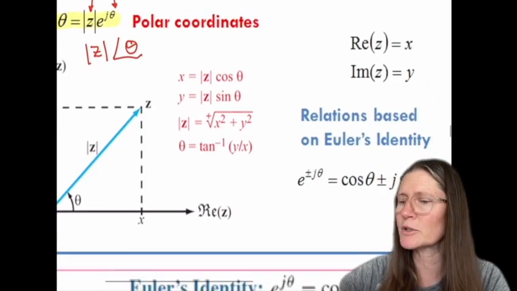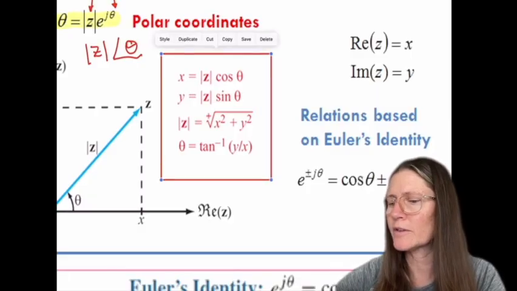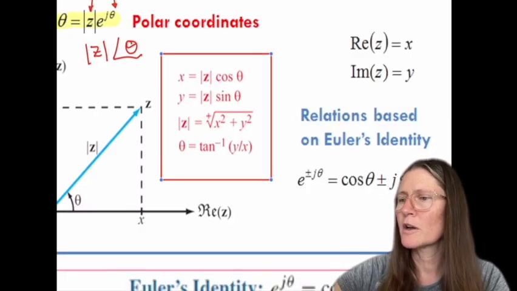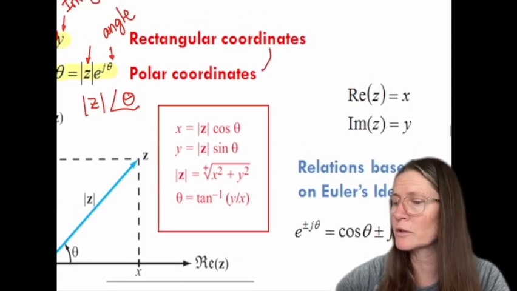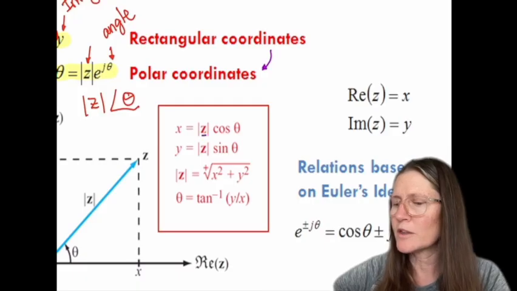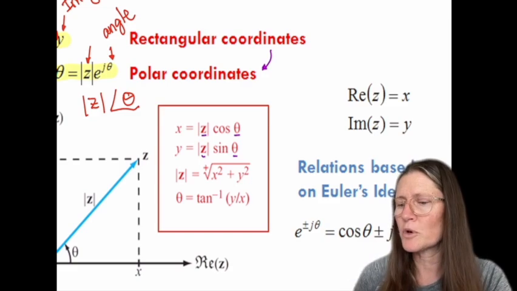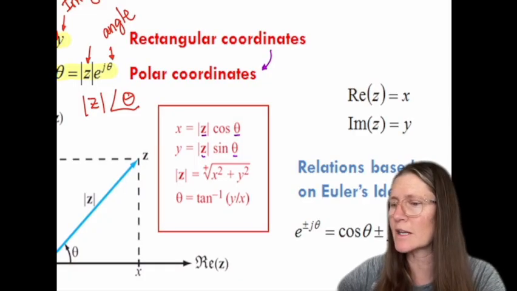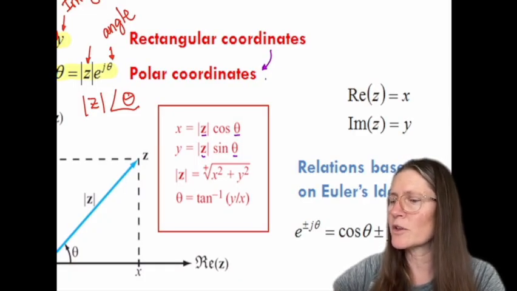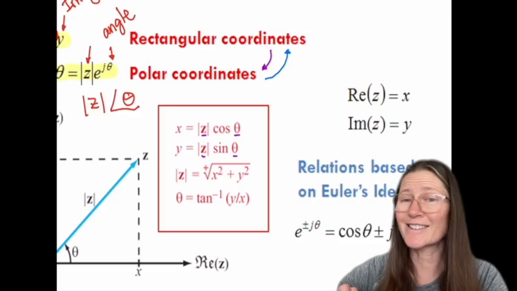To translate between them, you have these equations. From polar to rectangular, you take the magnitude of z, and for the real part it's cosine theta, for the imaginary part it's sine theta. Oh sorry, I said that backwards.